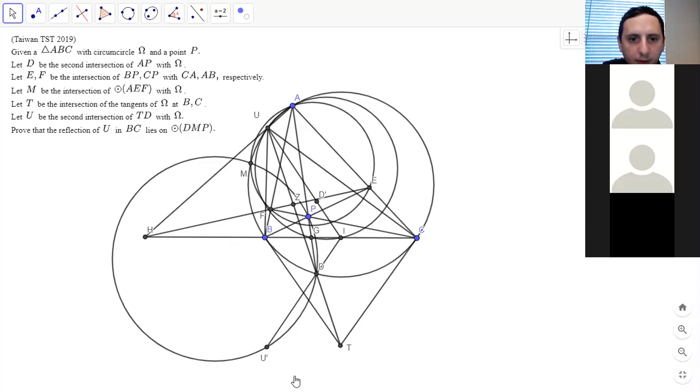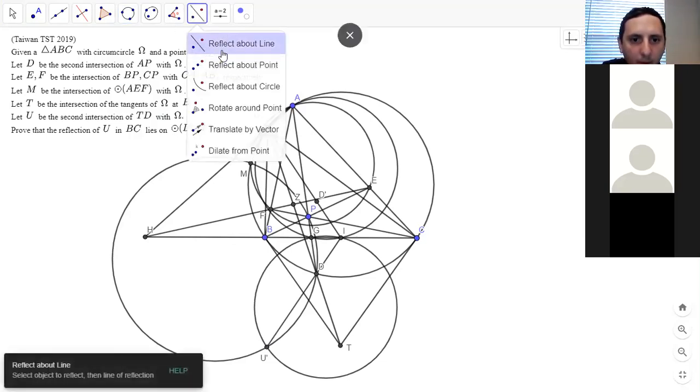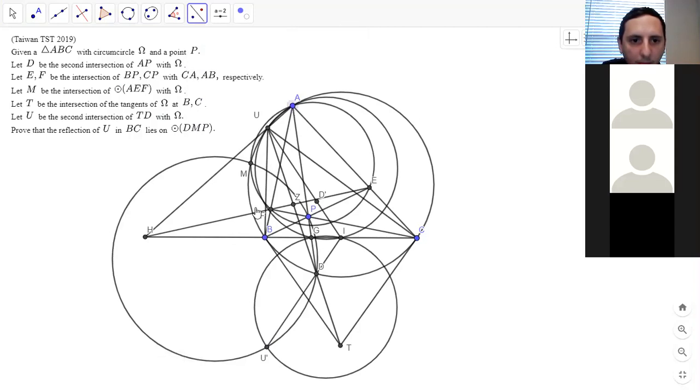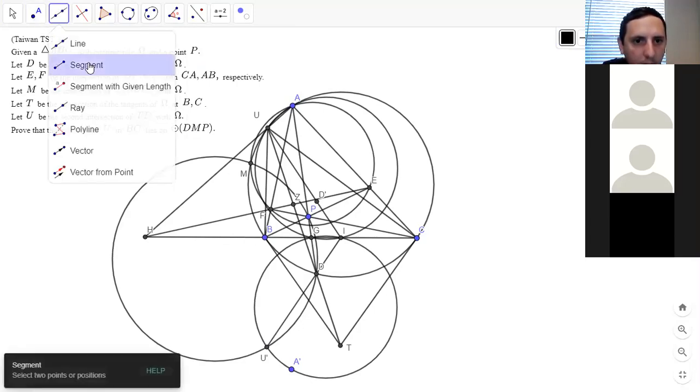So that means we could try reflecting A prime over BC. And then this would have to be cyclic. Yeah. Maybe A prime, U prime, and H are collinear.